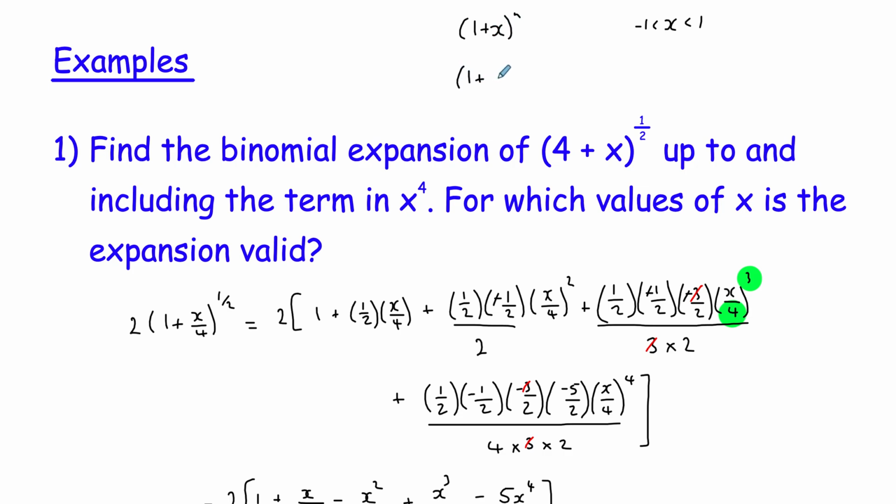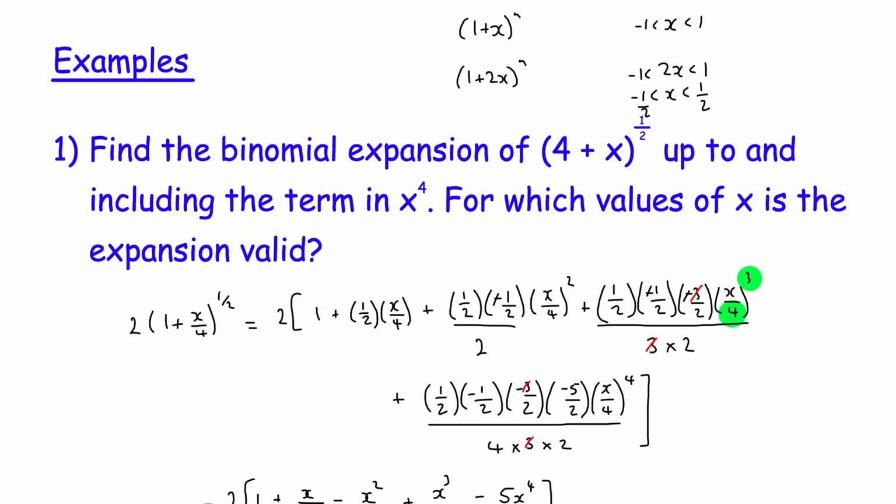That means that if I had like a 2x there, it would be 2x that needs to be between minus 1 and 1. And you'd need to divide by 2 to say that x needs to stay between minus a half and a half. So if you've got a 2 there, then it becomes more restrictive. We've got an x over 4.